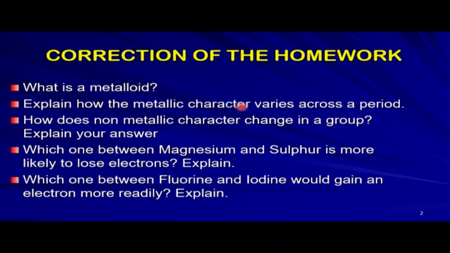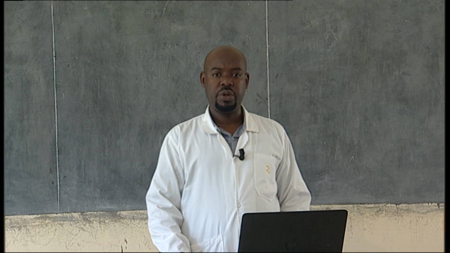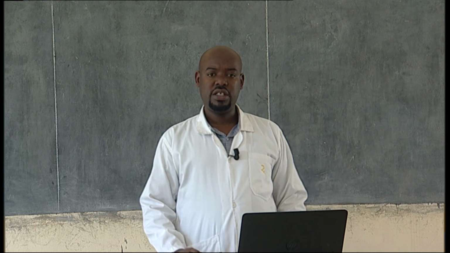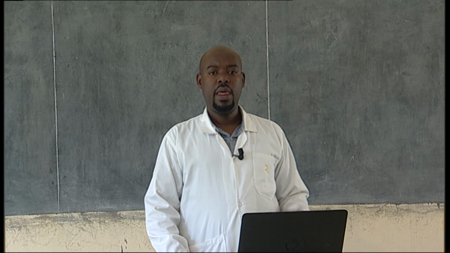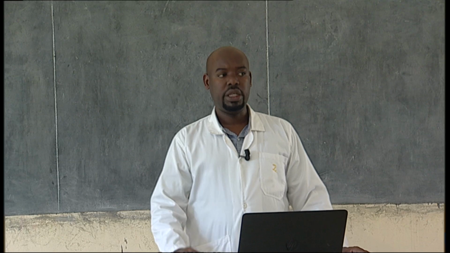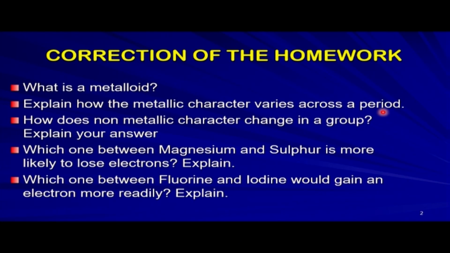Explain how metallic character varies across the period. When we move from the left part of the periodic table to the right side, we move from metals to non-metals. That shows that metallic character decreases as we move across the period, while the non-metallic character increases.